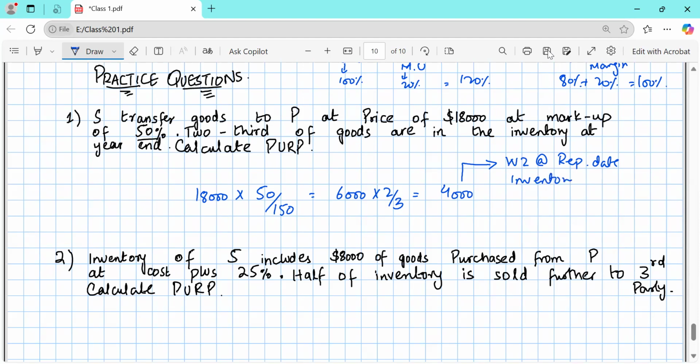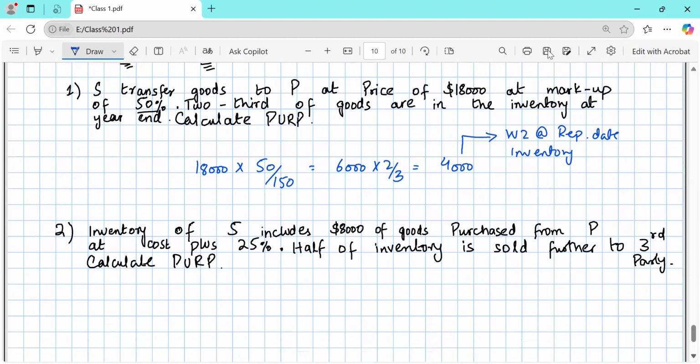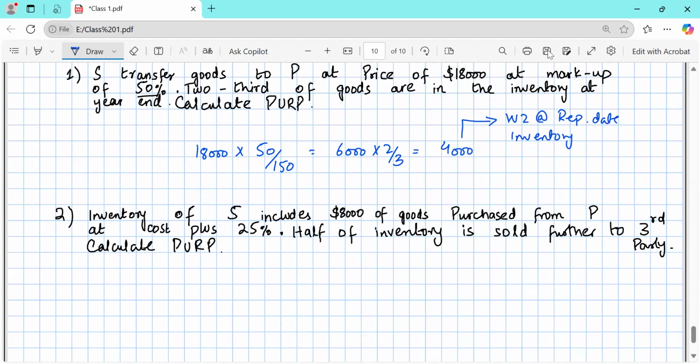Then the next question: inventory of S includes 8,000 goods purchased from P. So whether it is a P to S sale or an S to P sale, it is a sale to the subsidiary. At a cost plus 25%, half of inventory is sold further to a third party. Calculate PURP.